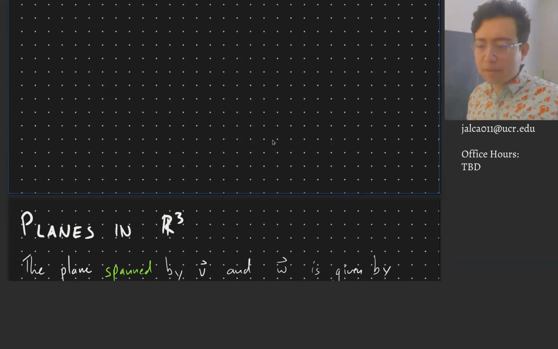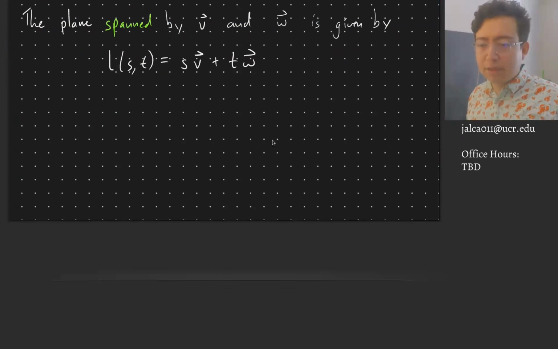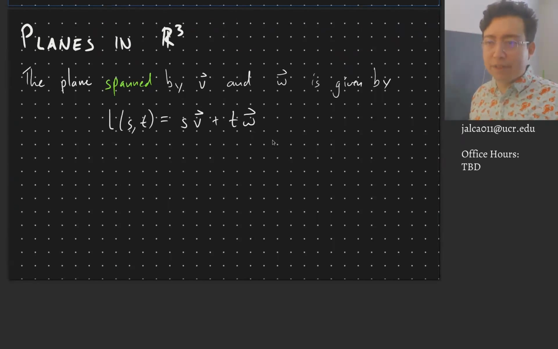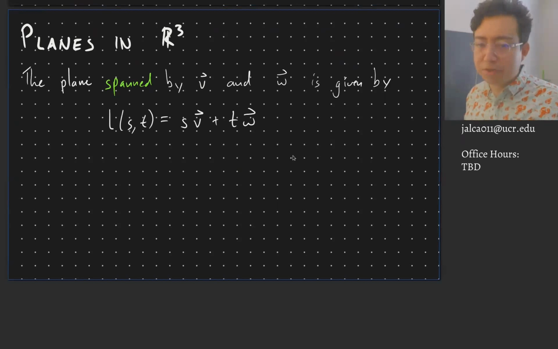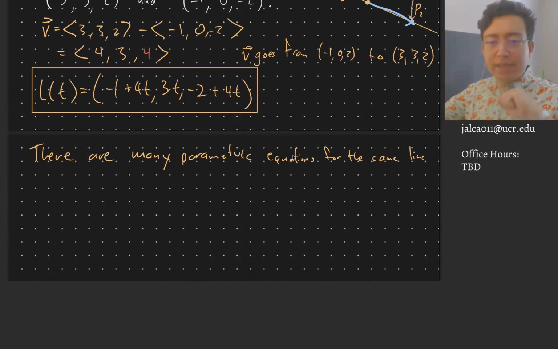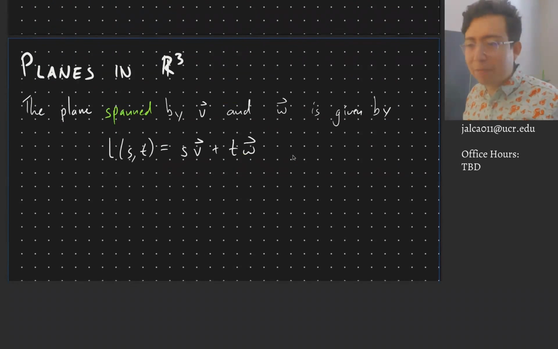Okay, I think this is the last thing I want to cover for this section, and then we'll move on to section 1.2. We talked about lines in either R2 or R3, but now we're going to talk about planes in R3.